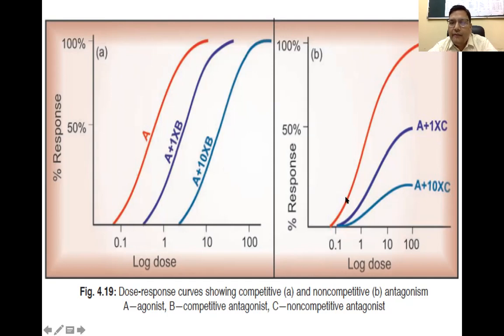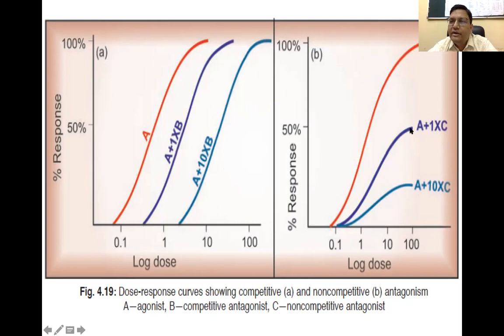In graph B, the non-competitive or irreversible antagonist is given. The red line depicts drug A given alone. When a low dose of drug C is given along with drug A, there are conformational changes in the receptors.